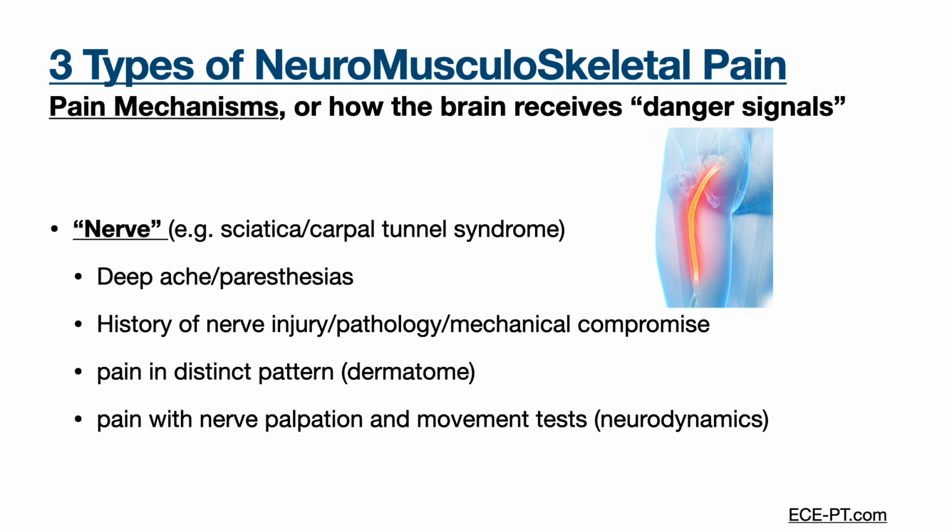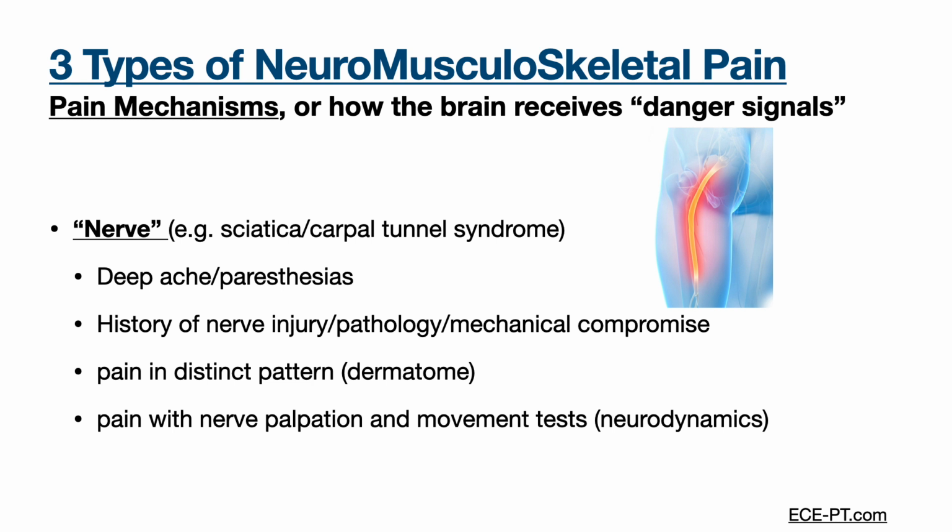And so when you have the nerve tissue itself driving the danger signaling, you'll have that deep achiness. You'll have that numbness or tingling. When we see the word paresthesias, we think numbness, tingling, pin pricking, pins and needles. And so some telltale signs, well, there was a history of a nerve injury or some kind of compromise.